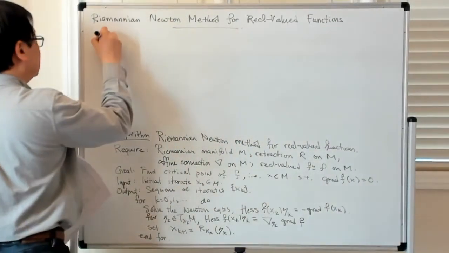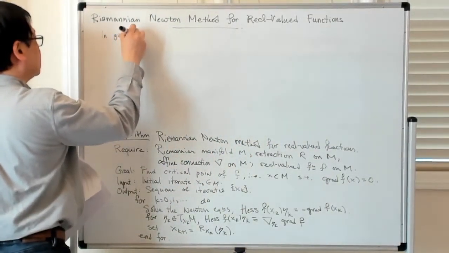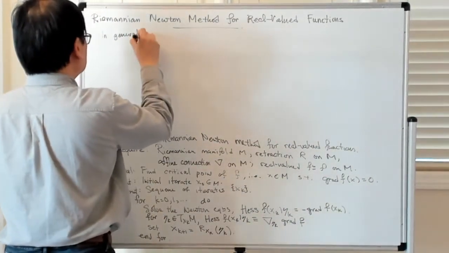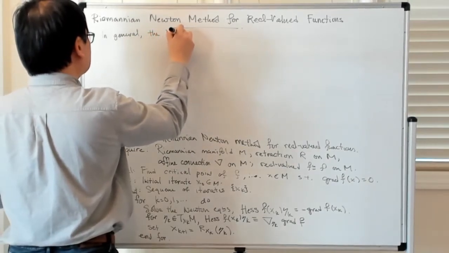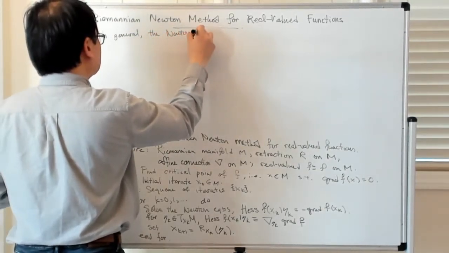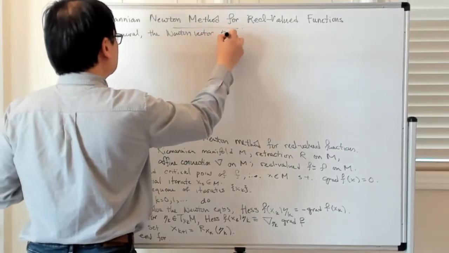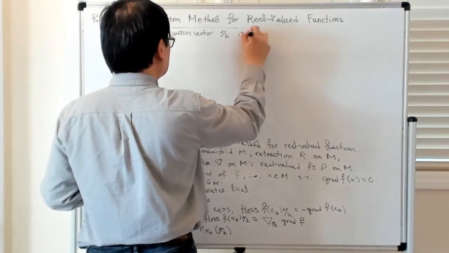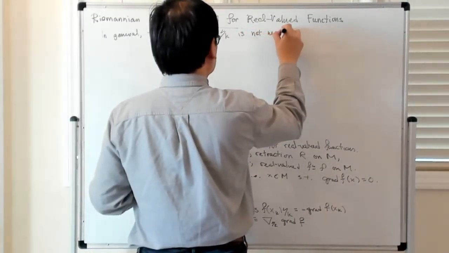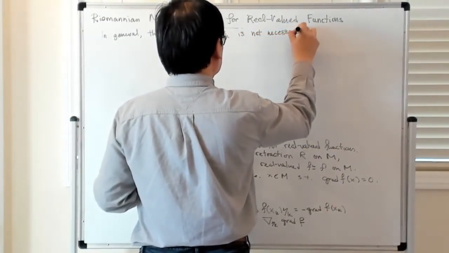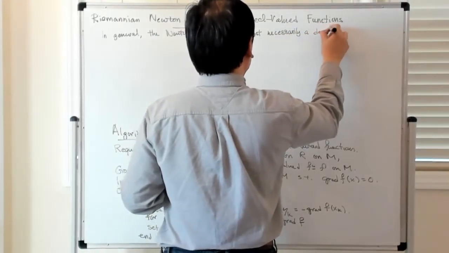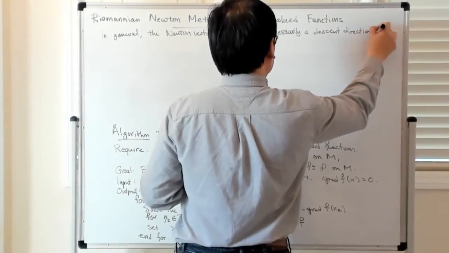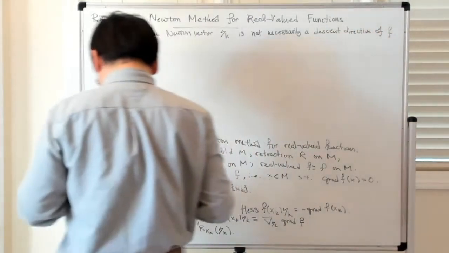So in general, the Newton vector is not necessarily a descent direction of the cost function.